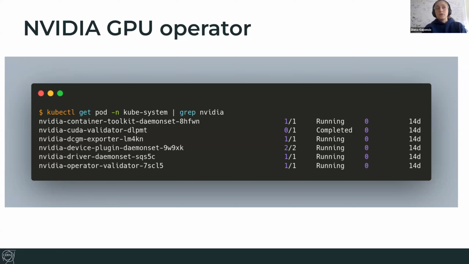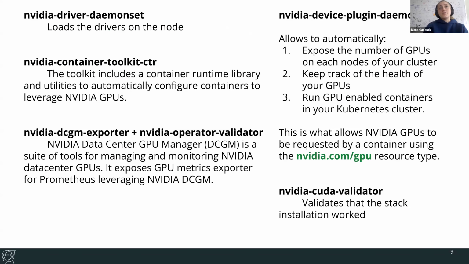When you get this new node, on the node, you'll get a few pods running from the NVIDIA GPU operator that will make sure that you can manage the GPUs on the node. So you get these components running on your node, making sure that the GPUs are functioning and you can allocate them and use them properly.